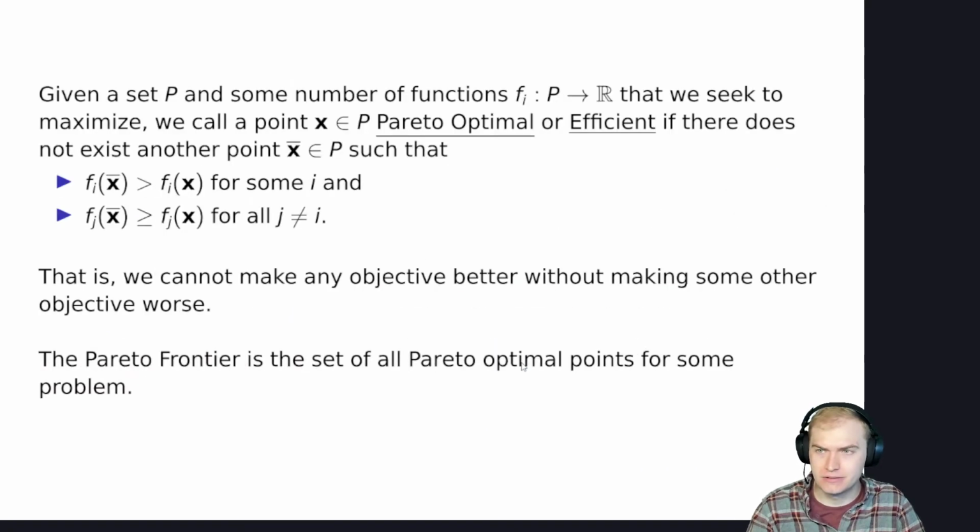So we're going to have a definition here. This is a little bit technical.